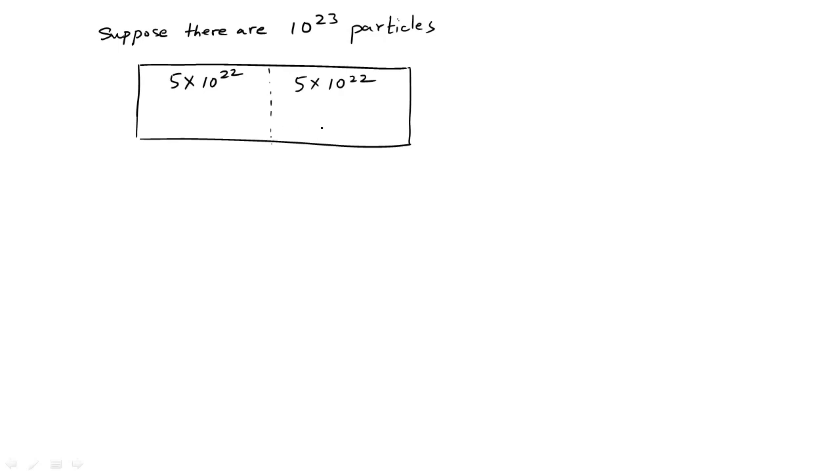Let us consider an extreme case in which there is a huge fluctuation such that the number of particles in the left box have reduced by 10 to the 21. So the total number of particles in the left box is 5 times 10 to the 22 minus 10 to the 21, and these particles have gone over to the right box.